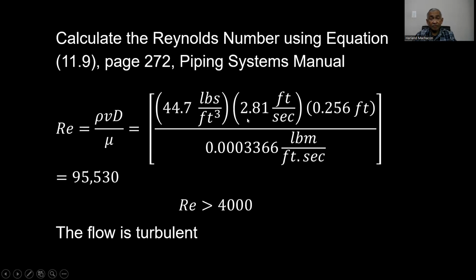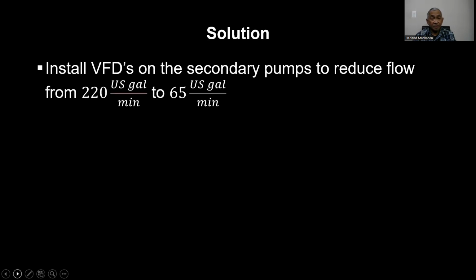And we calculate the Reynolds number, the density 44.7 pounds per cubic feet, velocity 2.81 feet per second, the diameter is 0.256, and the dynamic viscosity is 0.0000366, and the resulting Reynolds number is 95,530, which is greater than 4,000, meaning the flow is turbulent.